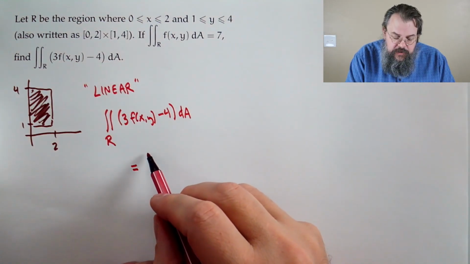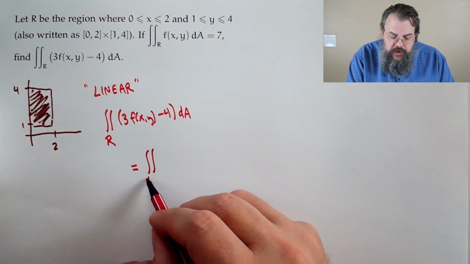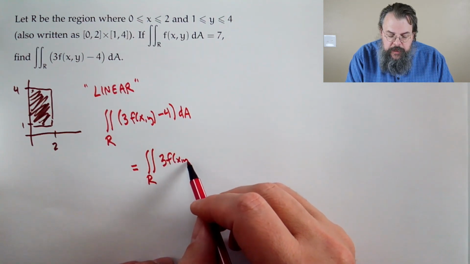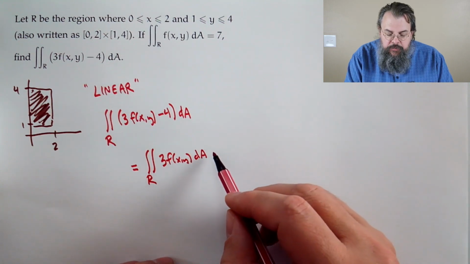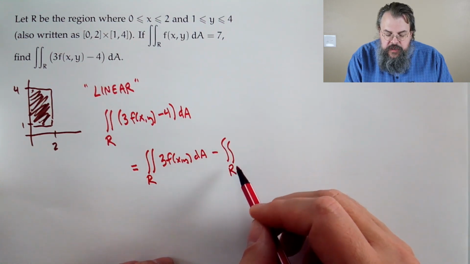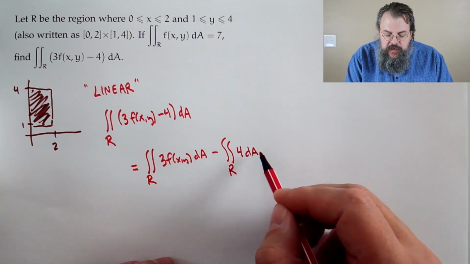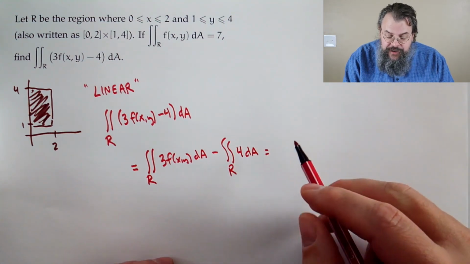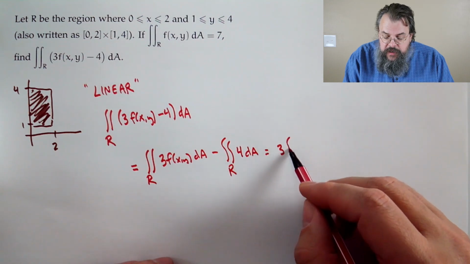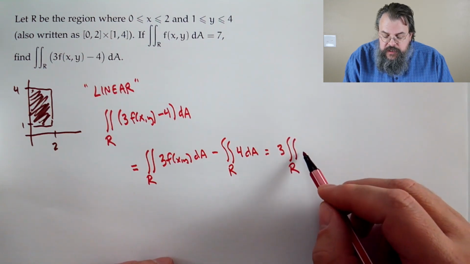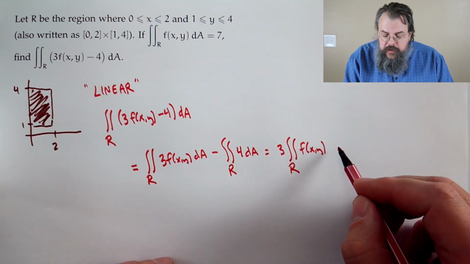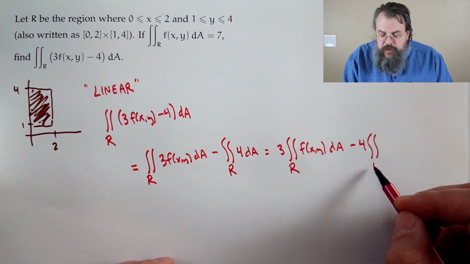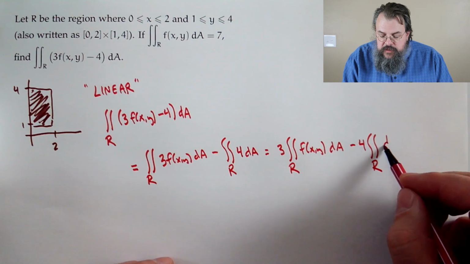So if we did this in a couple of steps, I say, look, that's the integral over our region, 3 f of xy dA minus the integral over our region of 4 dA. Well, pull out the constants. Okay, so this would be 3 integral over our region of f of xy dA minus 4 integral over our region of dA.